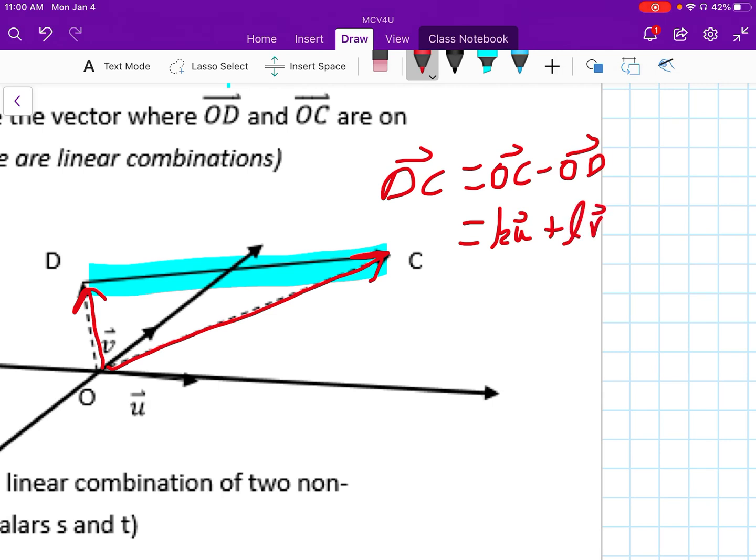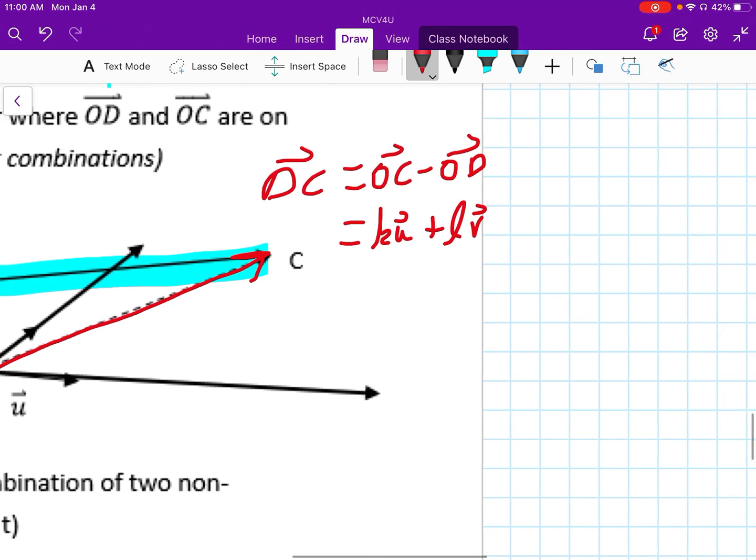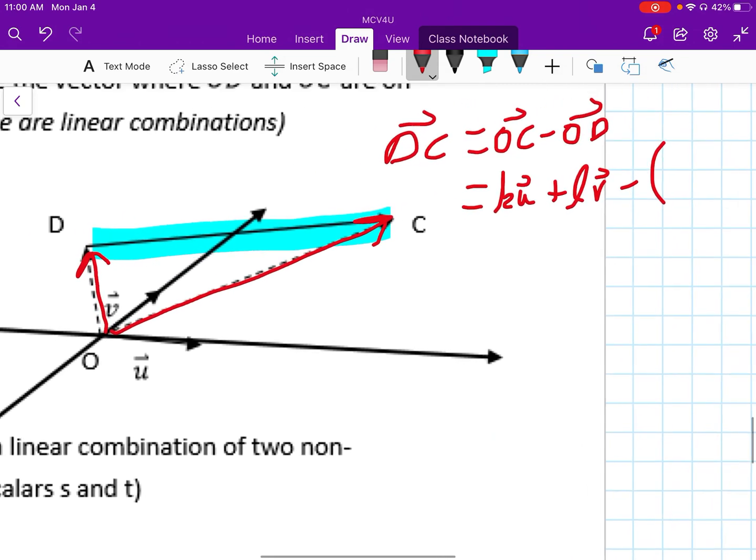That's what the OC is, no matter what the scalars K and L are. OD is the same thing. It's set up right at the same tail as U and V. So again, we can express it as another scalar multiple of U and V.